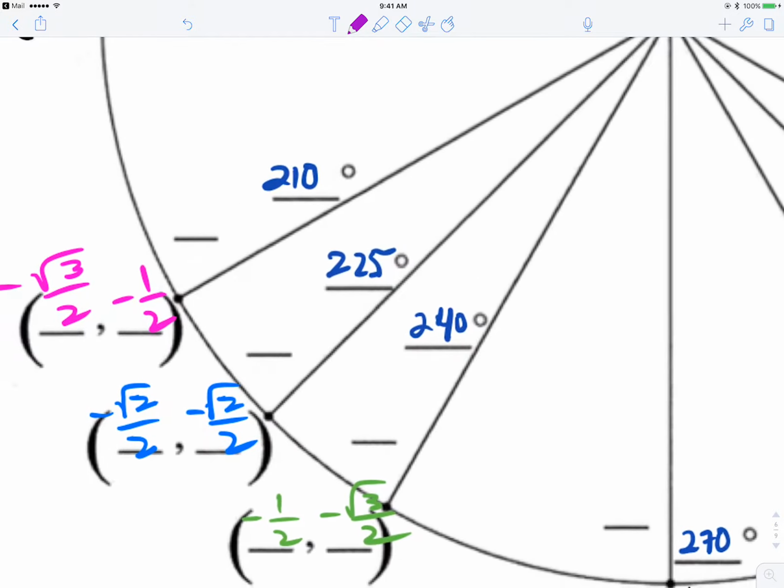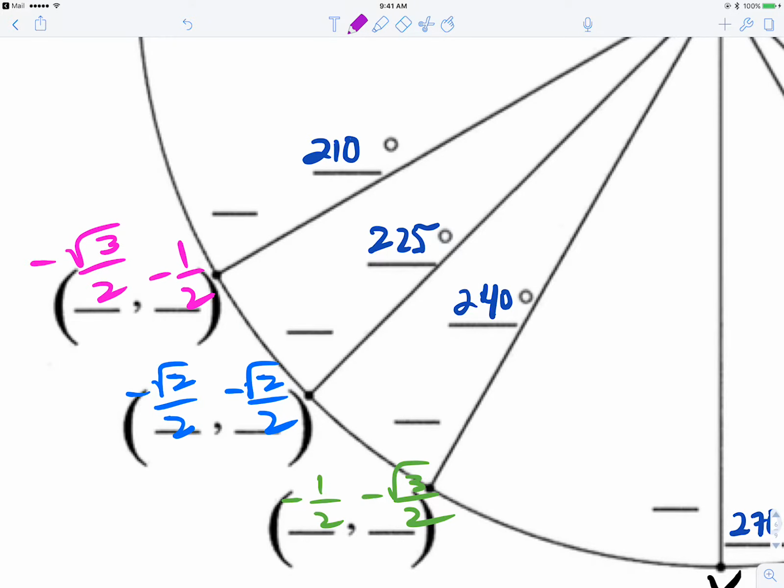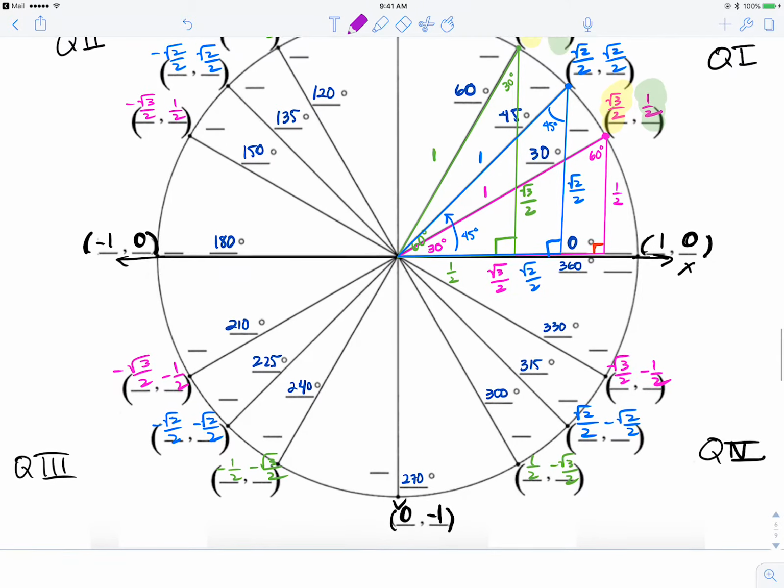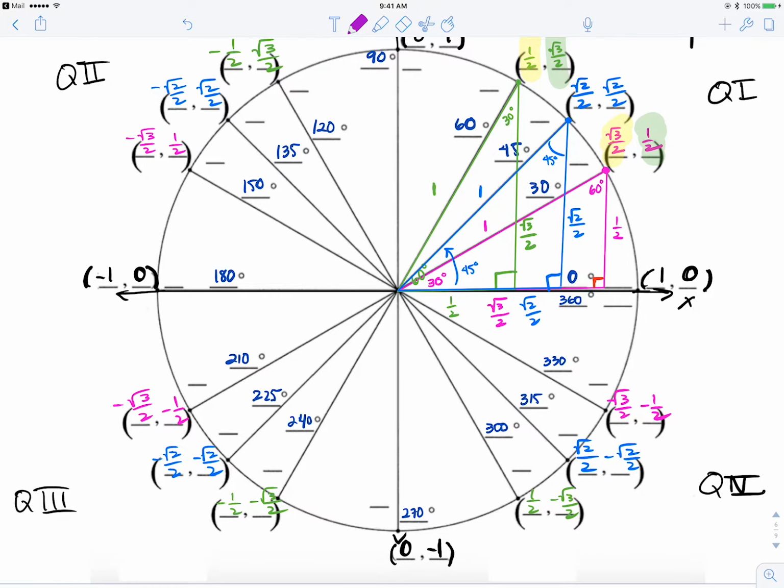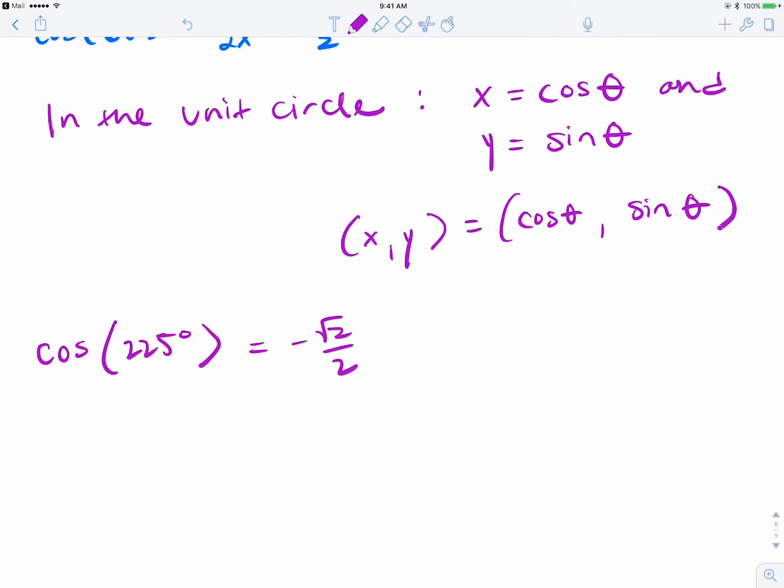So I go to 225 and I look at the x value and yep, negative root 2 over 2. What if we wanted to know sine of 120 degrees? What's sine of 120 degrees? Root 3 over 2.